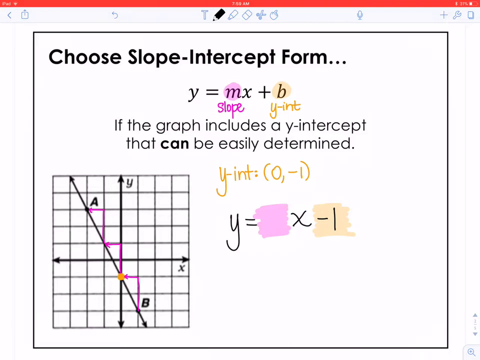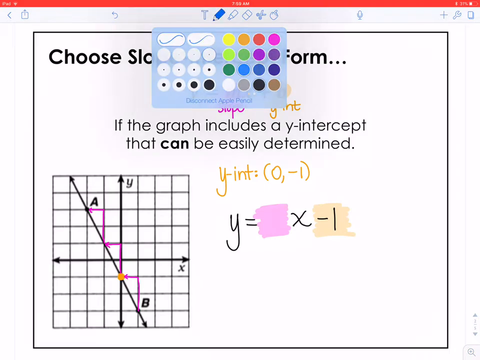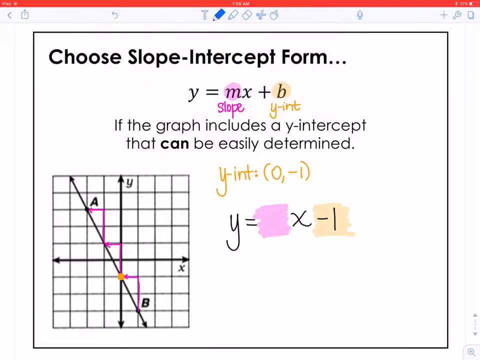And if we are looking at our counting, go back to your graph, we said that our change in y, our rise, was up 2. We're increasing. And our change in x, our run, was a -1 because we're going to the left, so that's negative.